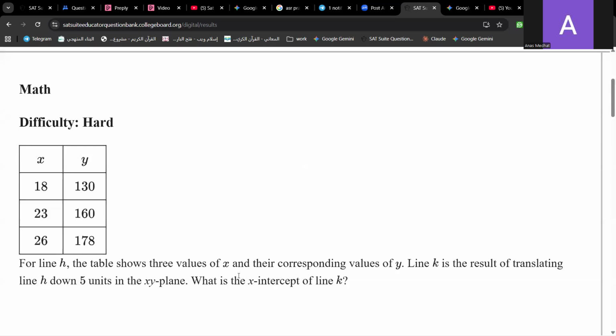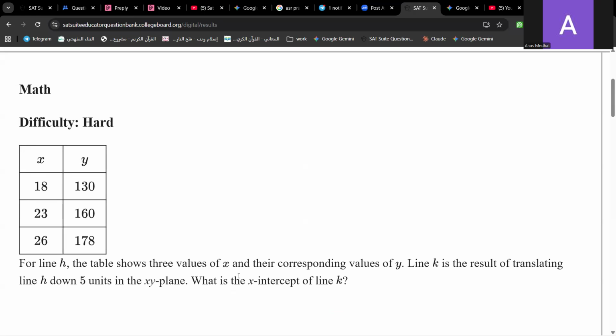So to get the x-intercept, it will be translated down 5 units. So the x will be the same, but the y will be shifted down 5 units.